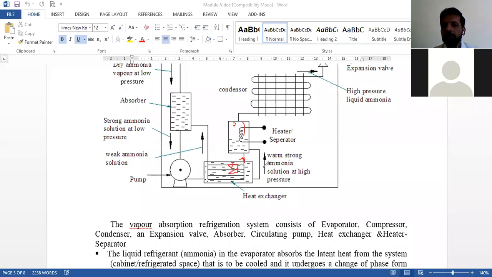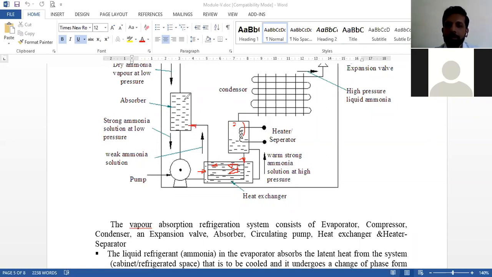So in the heat exchanger, outside these tubes, strong ammonia solution is flowing. Inside these tubes, diluted ammonia is flowing at a lower temperature. So heat exchange takes place, and this diluted ammonia is going to go back into this absorber, right?